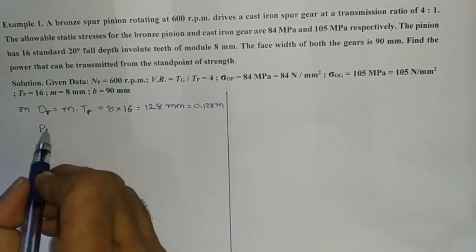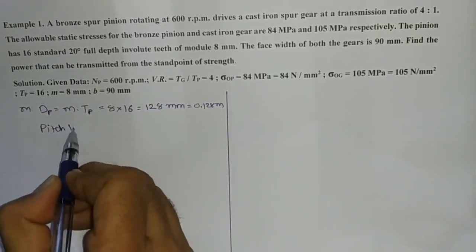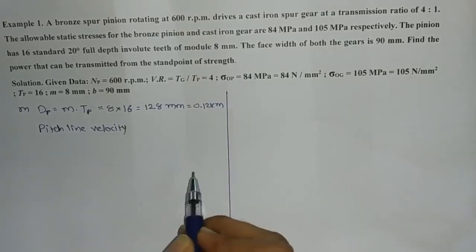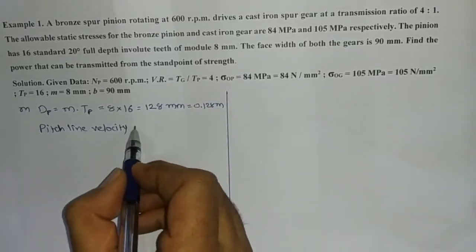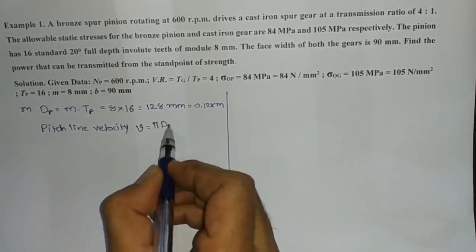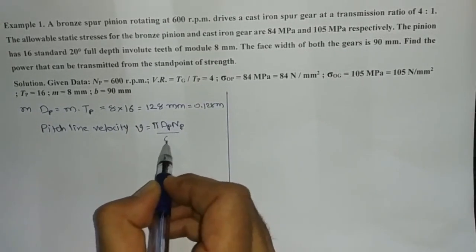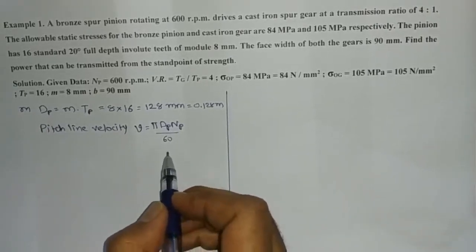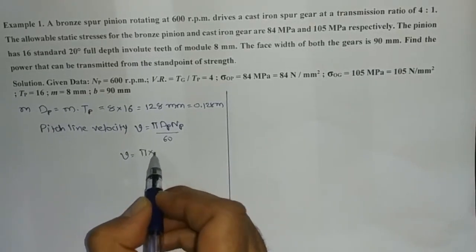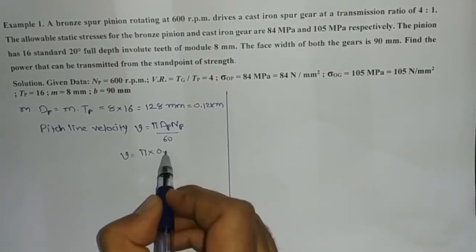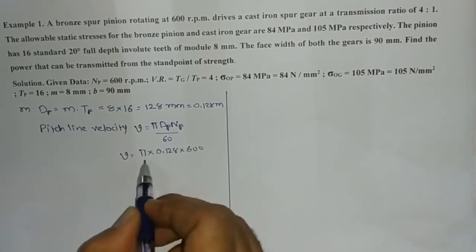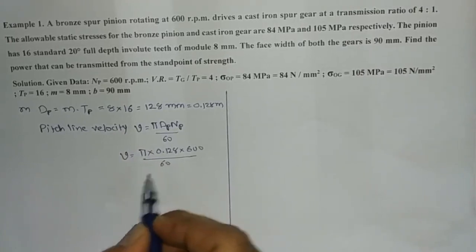Now find out the pitch line velocity. You know that pitch line velocity V is equal to pi dN by 60. So here it is pi dp Np by 60. Now put the value. Therefore pitch line velocity V is equal to pi into 0.128 into 600 divided by 60.